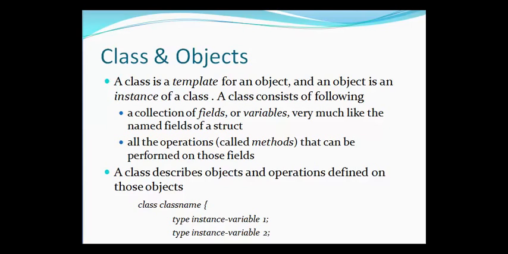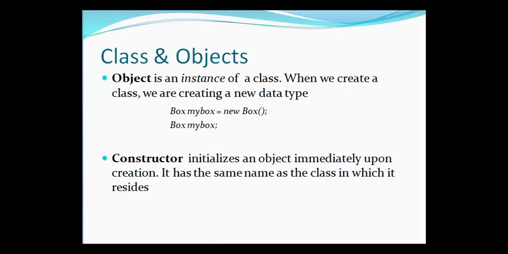A class consists of a collection of fields, variables, and the code operating on them, which are called methods. The data or variables defined within a class are called instance variables. The actual code is within the methods only. Collectively, the methods and variables defined within a class are called members of the class.